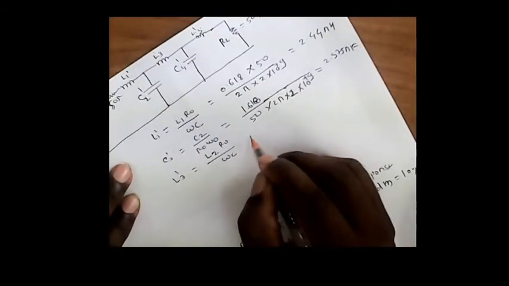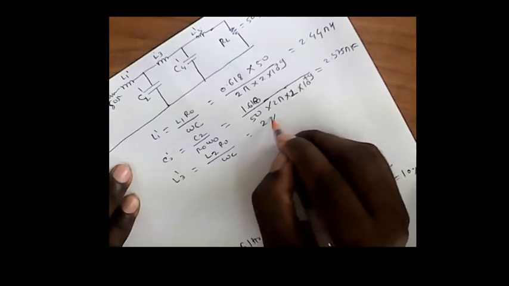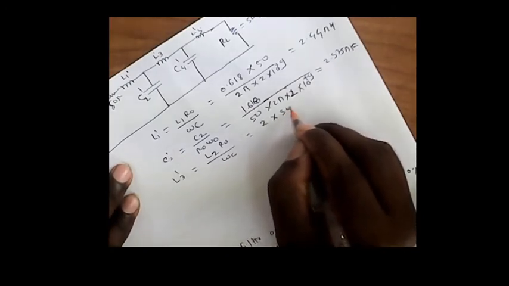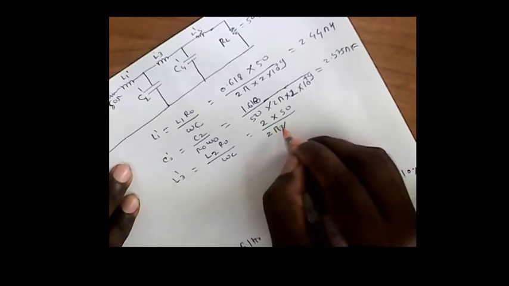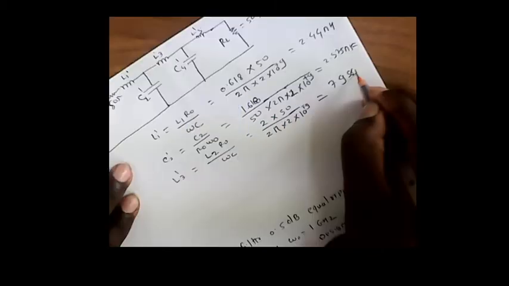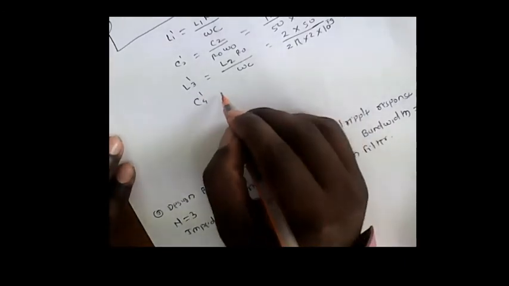So we put the value of L2 as 2, R0 as 50, divided by omega C, the cutoff frequency 2 pi into 2 into 10 raised to plus 9 GHz, which comes out to 7958 nanohenry.